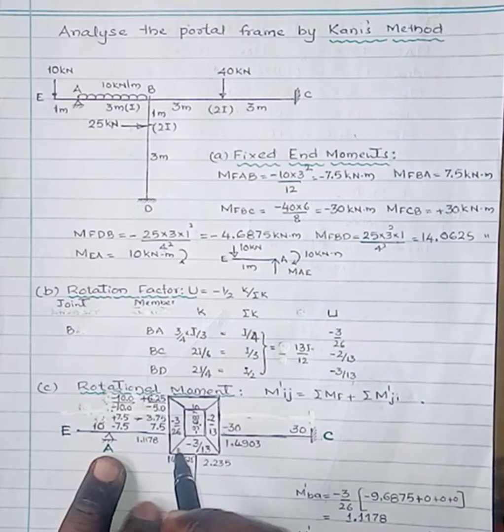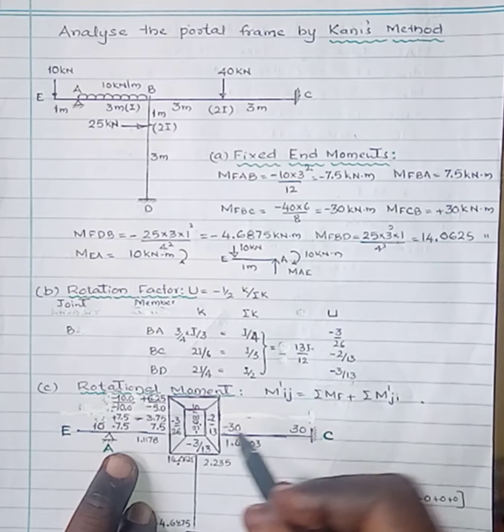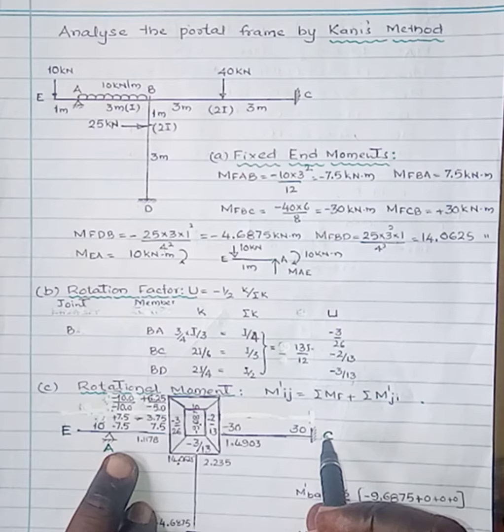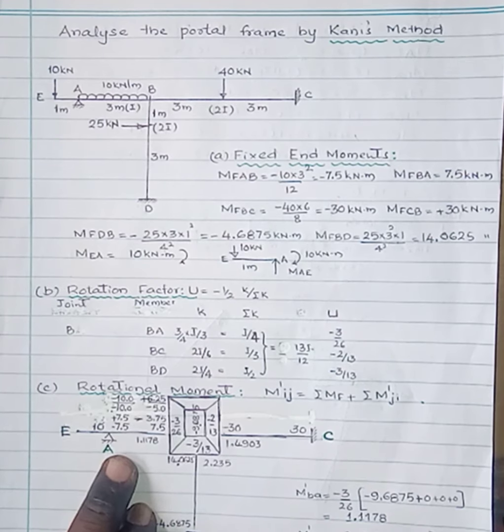Then in the box we have to write the rotational factor for BA, that is minus 3 by 26, for BC, that is minus 2 by 13, for BD, that is minus 3 by 13.